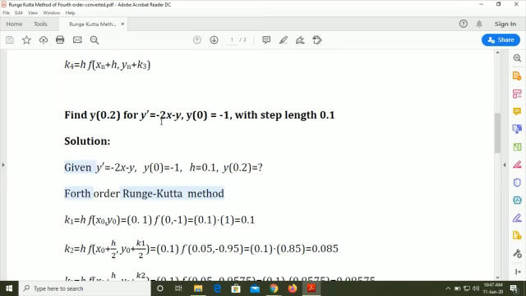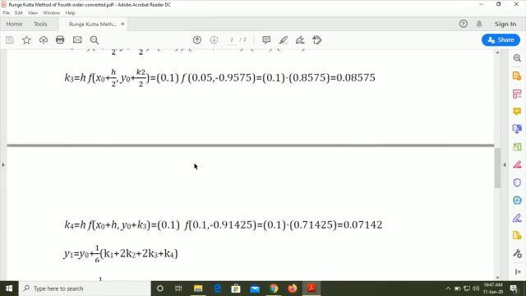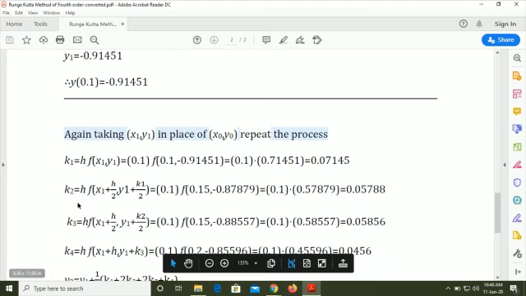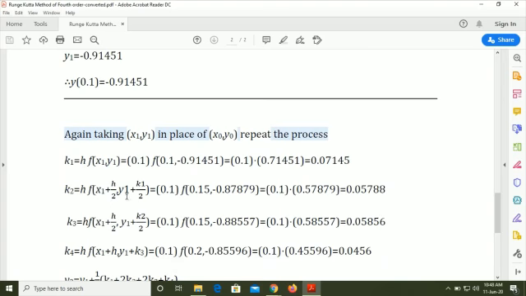F of xy is minus 2x minus y for getting the functional value, and after multiplying with 0.1 we get it as 0.07145.